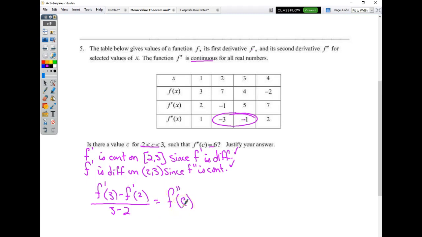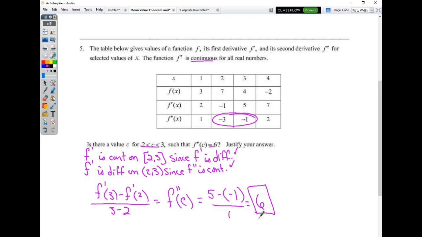We changed our scope a little bit here. Well, what is this going to equal? f prime of 3 is 5, minus f prime of 2, which is -1, over 1. There it is, folks. f double prime of c has to be 6. So somewhere between 2 and 3, f double prime has to equal 6.